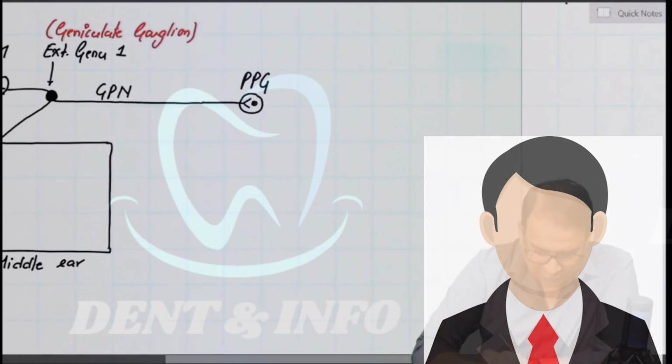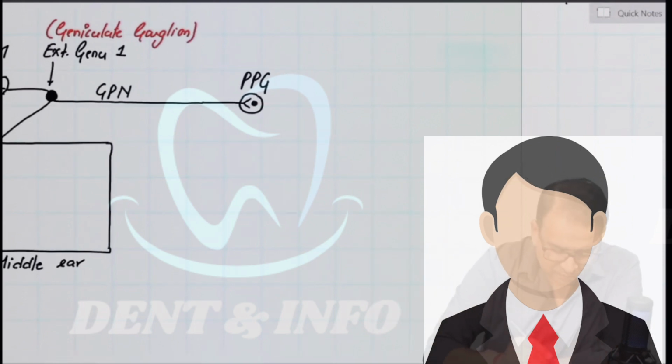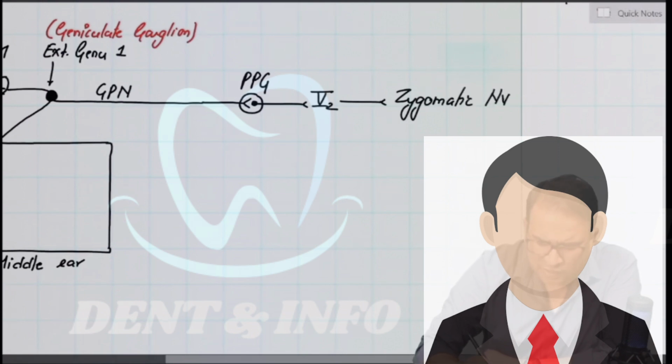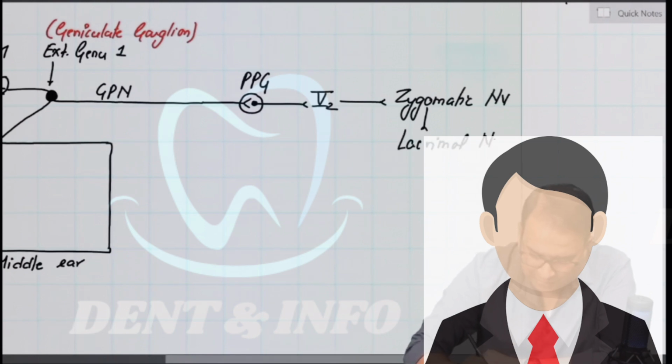From the pterygopalatine ganglion the fibers will go into which nerve? The maxillary nerve. The maxillary nerve will give a connection called the zygomatic nerve, guys. Whether you say zygomatic or zygomaticotemporal, it is the same thing. This zygomatic nerve will join with what nerve? It will join with the lacrimal nerve, and it is the lacrimal nerve which is supplying what gland?